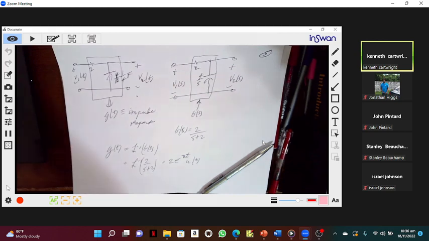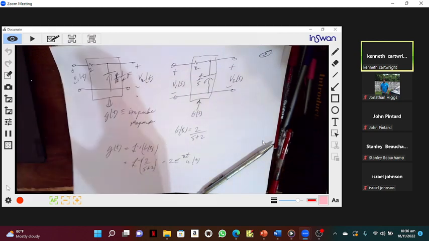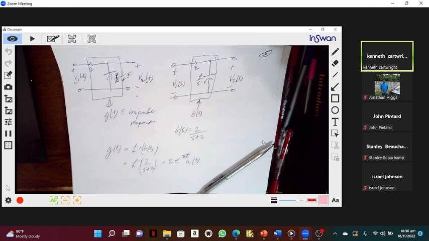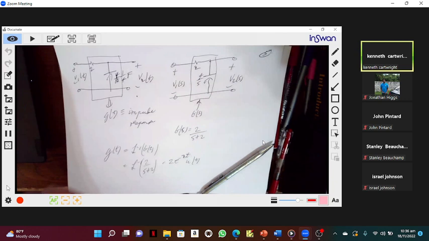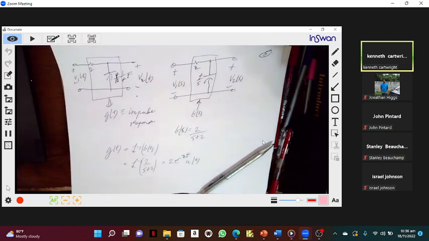I just showed you how to get the impulse response: get the transfer function first, and then do the inverse Laplace, and you get the impulse response. Or another way of doing it is put an impulse on the input, and the output would be your impulse response. Okay.